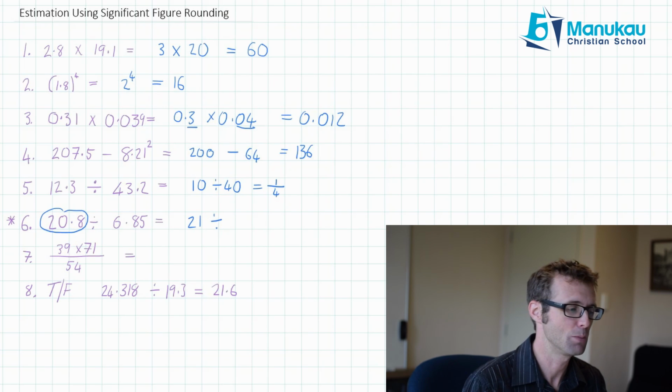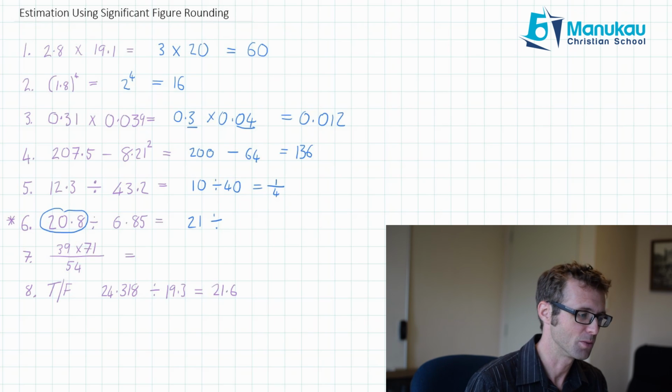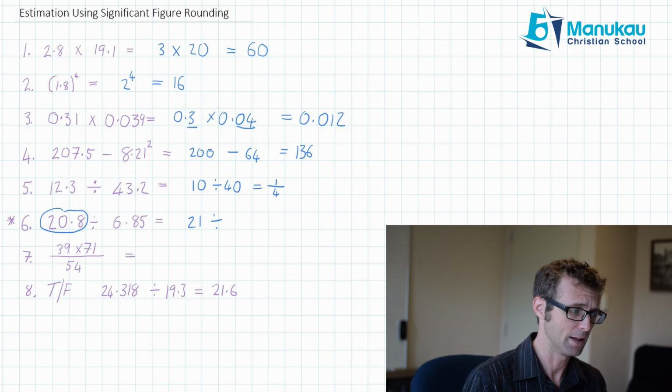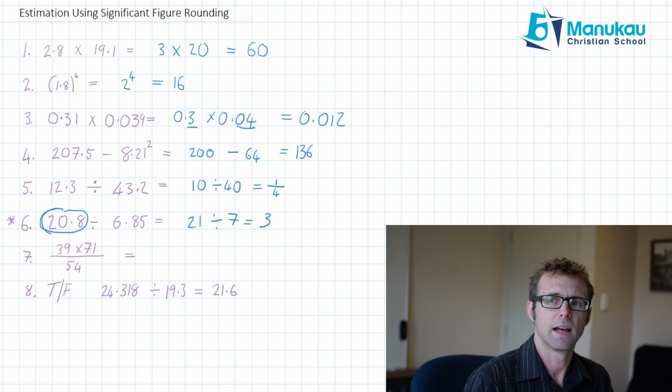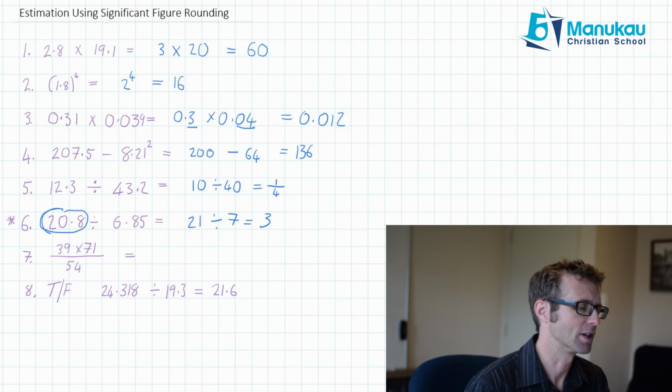And I know my times tables, so that's going to be helpful to me. So this first number, 20.8, I'm going to round to two significant figures, and my second number, 6.85, I'm going to round to one significant figure, and that will give me 3. Okay, so just be aware with that one. There are other examples in your exercise that might require you to have some rounding to two significant figures.